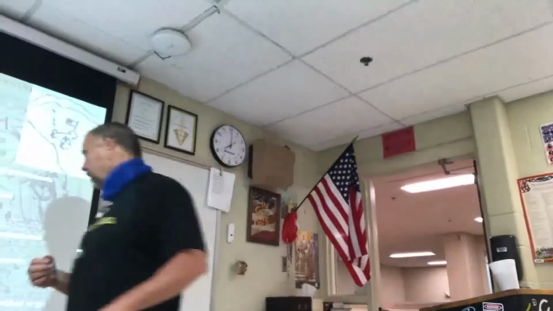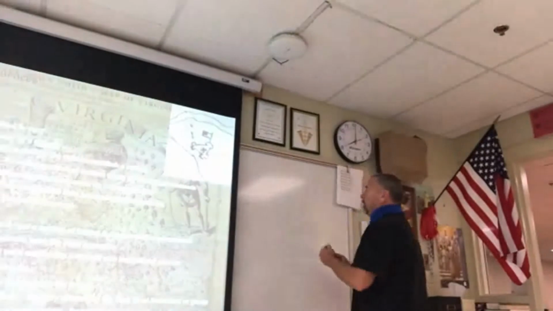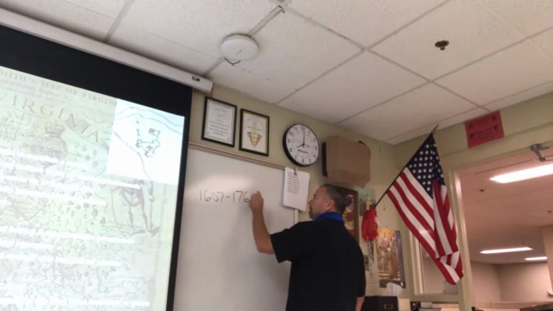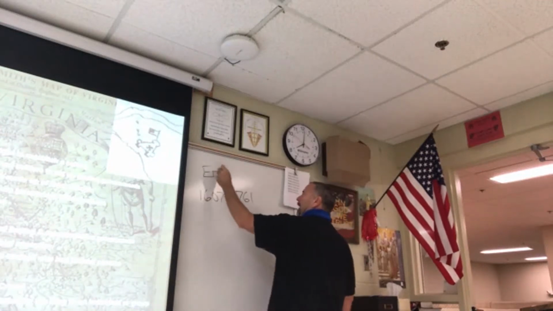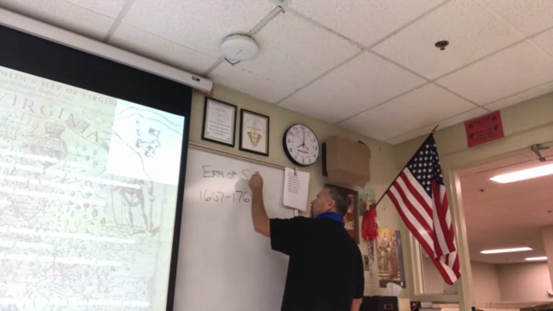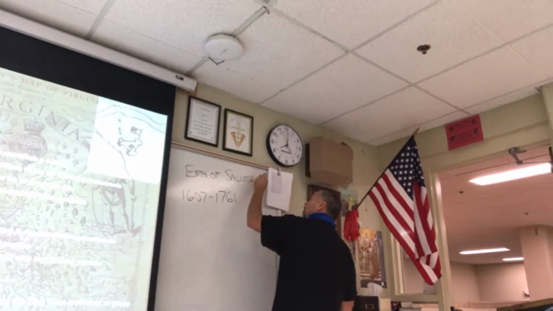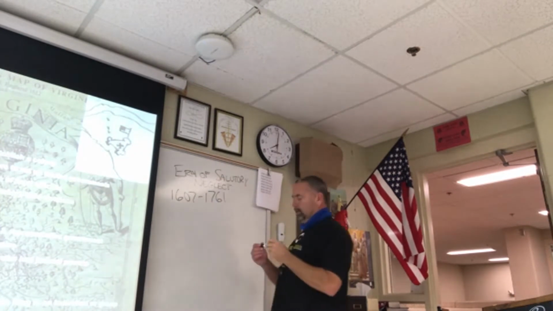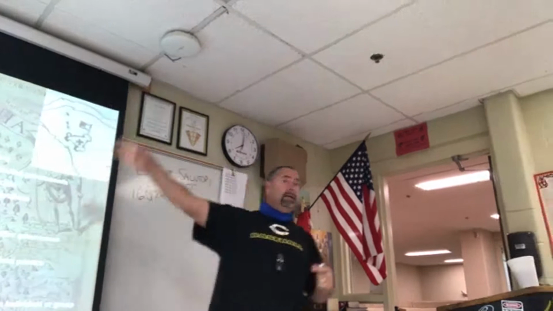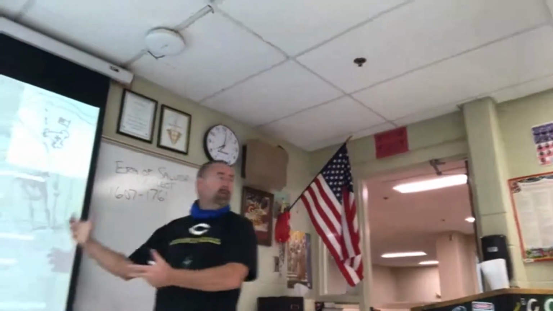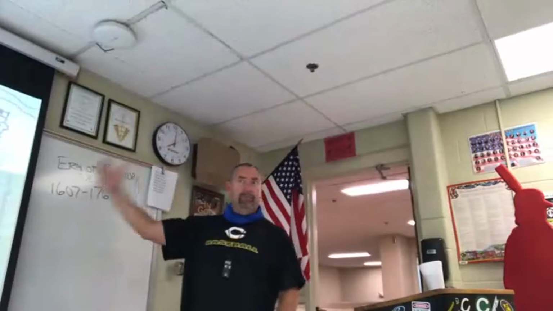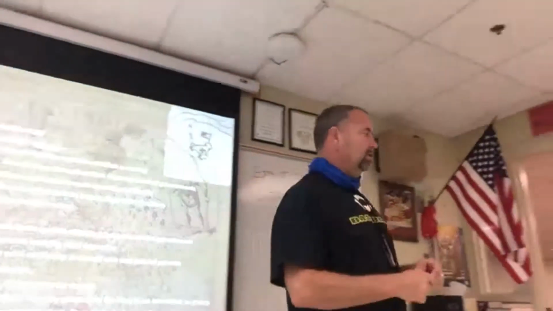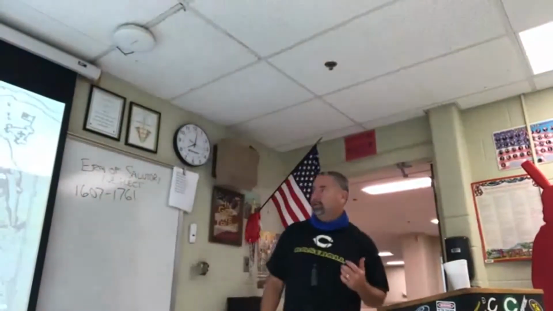So for 150 years, from 1607 to 1761, this is known as the era of salutary neglect. Because the king and Parliament were an ocean away, they couldn't control what was happening in the colonies. You can't micromanage something that is that far away, so they really had to leave it in the hands of the colonists to govern themselves, to some extent.